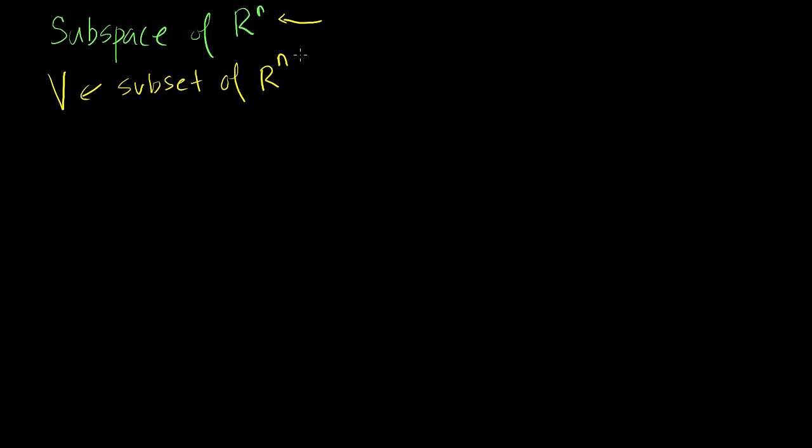Sometimes we visualize it as multi-dimensional space, but if we wanted to be as abstract as possible, it's the set of all x1, x2, all the way to xn, where each of the xi's is a member of the real numbers, for all of the i's. That was our definition of Rn.